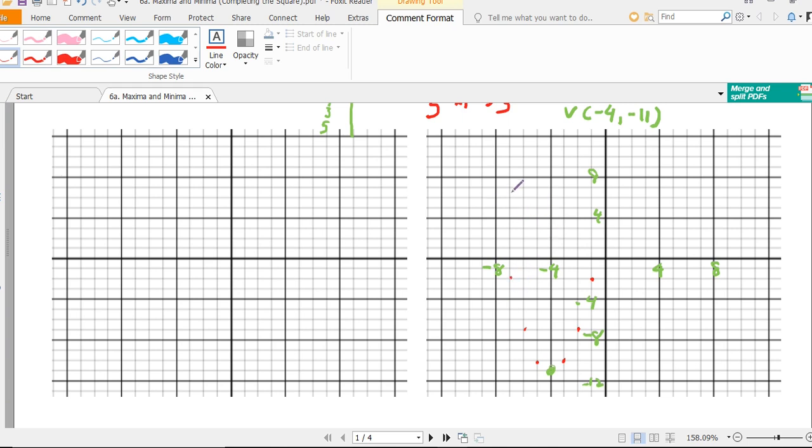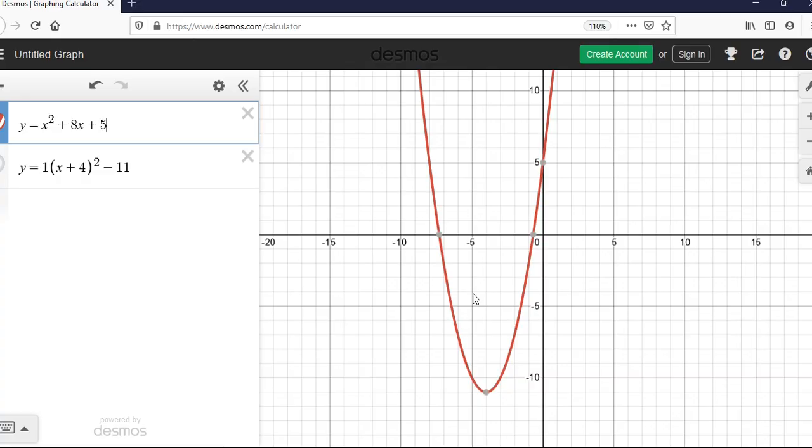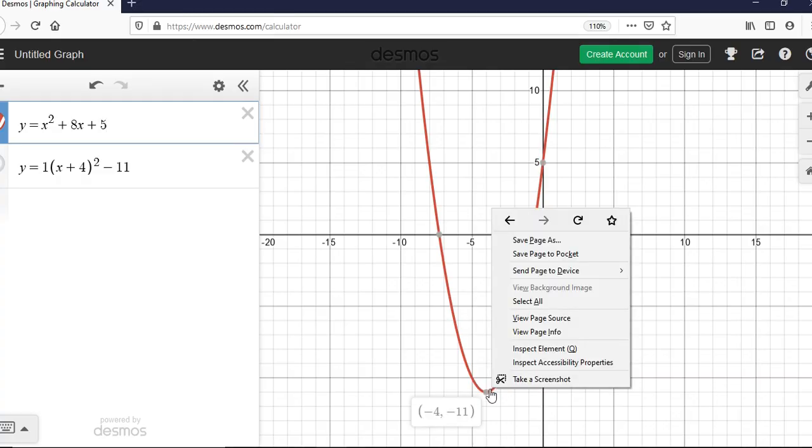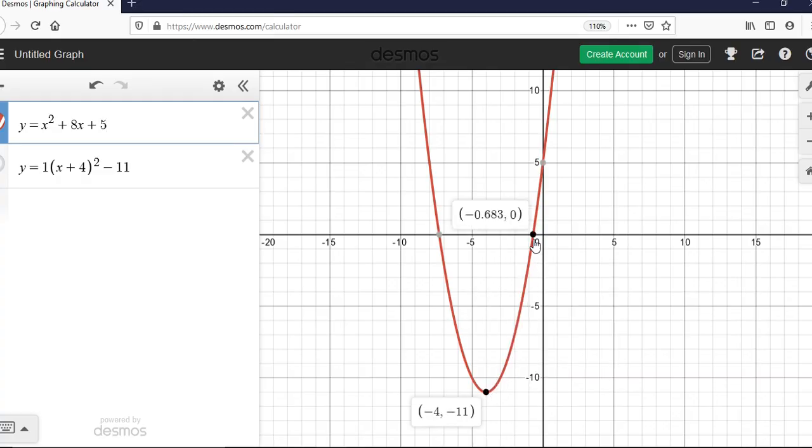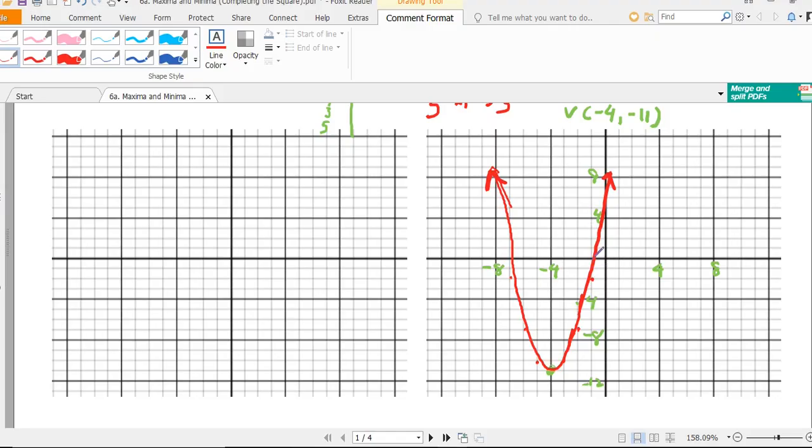And then I should be able to sketch this graph, or parabola I should say. Oh, that's a horrible looking parabola so far. That's close enough. And that parabola should resemble this one, -4, -11, and it comes up just before the 0.